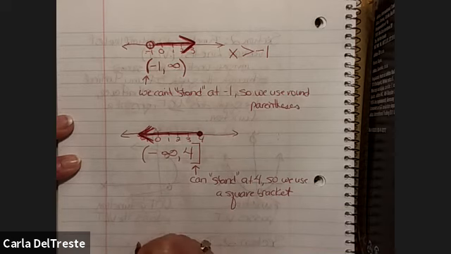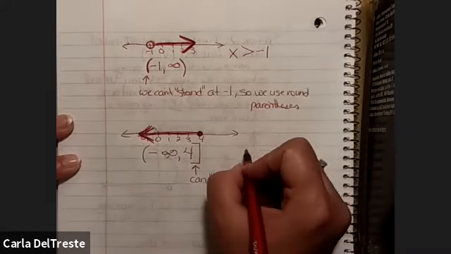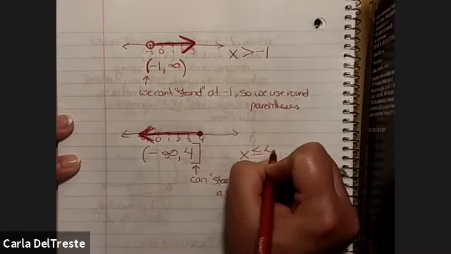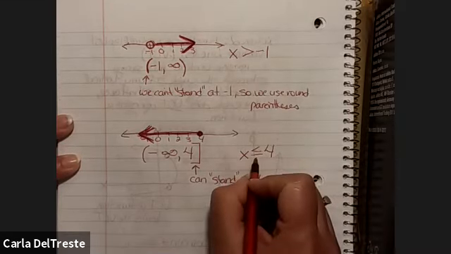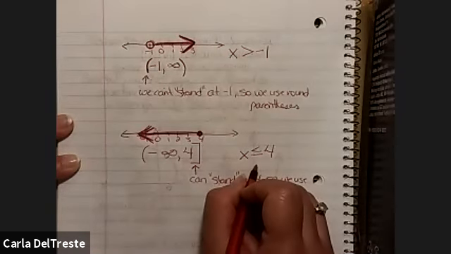That's how we're going to show that in our notation. If you wanted to discuss this in, again, inequality form using less than and greater than, you would say this is all x less than or equal to 4. You're using an equal to now because you can stand there, okay? So it could actually equal 4.